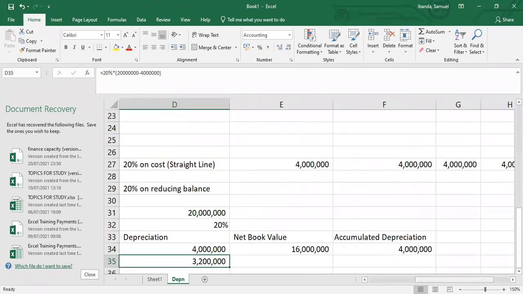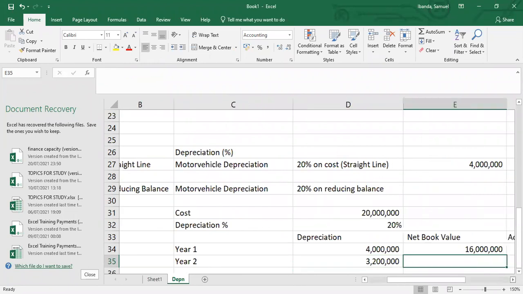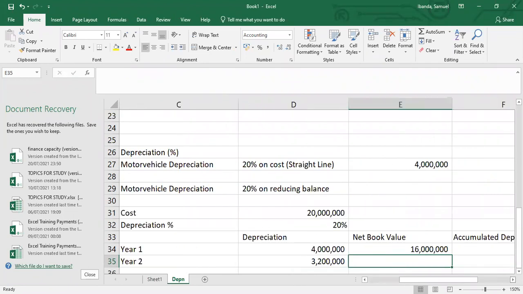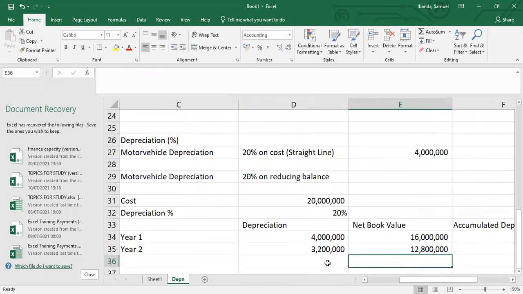Now, our new net book value would definitely be the 16 million, which was the net book value at the start of the year, minus 3.2 to get us to 12.8. That will be our new net book value.